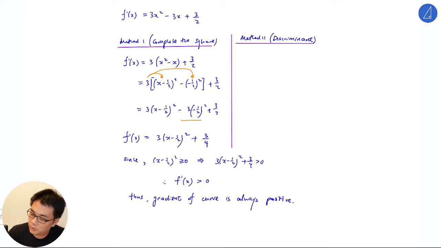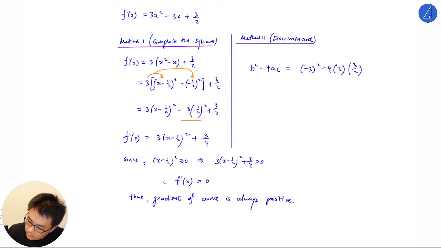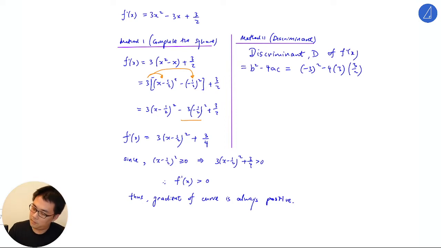You can just use discriminant. b squared minus 4ac is (minus 3) squared minus 4 times 3 times 3 over 2. This would be negative, I believe.